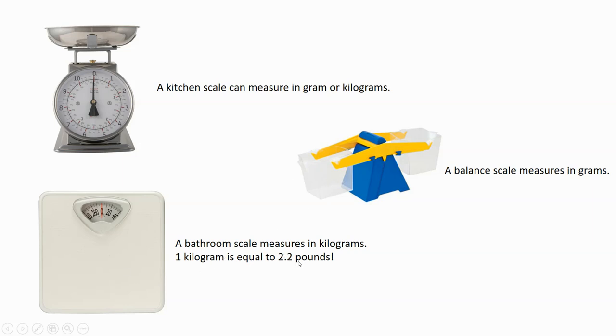And even though we're not going to learn about pounds in third grade, the way you can think about it is 1 kilogram is equal to about 2.2 pounds. And remember, again, we're visualizing a kilogram is like carrying a wooden bat or how it would feel carrying your dictionary. And then the last one, a balance scale, usually measures things in grams. It measures lighter objects, and that's what we're going to work with today during our lesson.